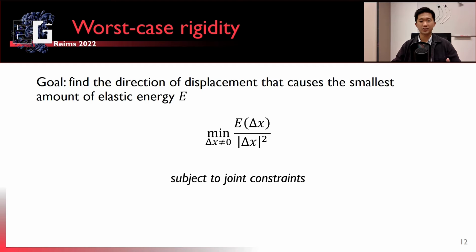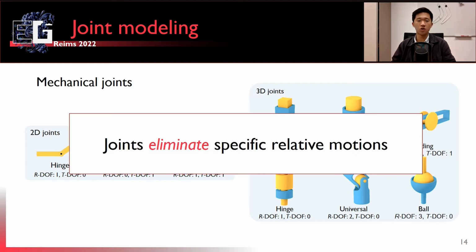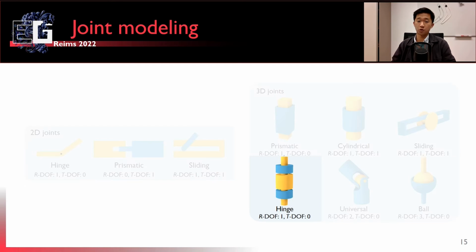However, up to this point, we still have a very important piece missing, which is the joint constraint. Because we're dealing with an assembly structure instead of a single monolithic object, it's very important to figure out how we shall model the joints. Just to remind you, in this work, we aim to tackle different kinds of mechanical joints, and they allow different kinds of relative motion between two parts. However, our insight for modeling them is that, rather than think of how the joints allow specific relative motion, we think of how the joints eliminate specific relative motions.